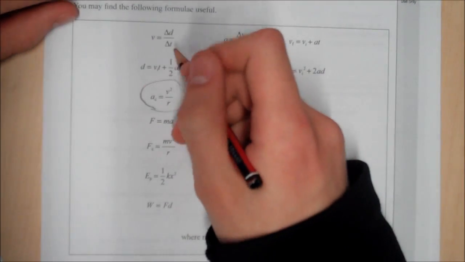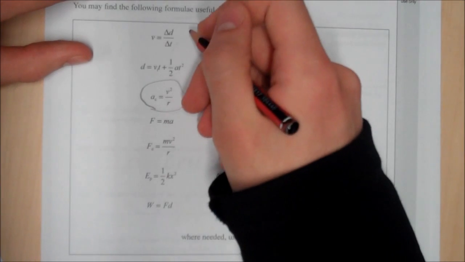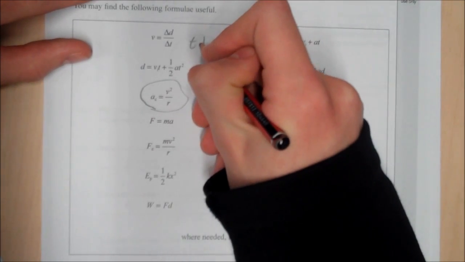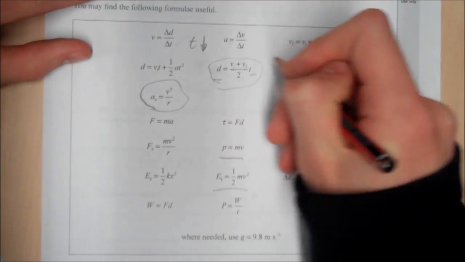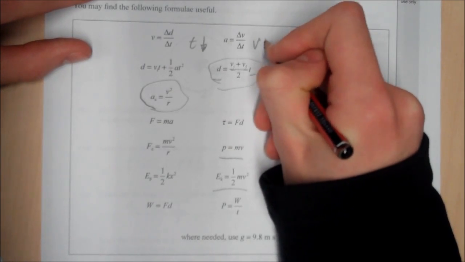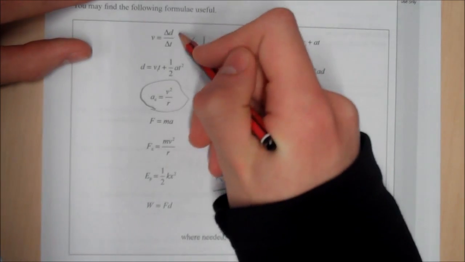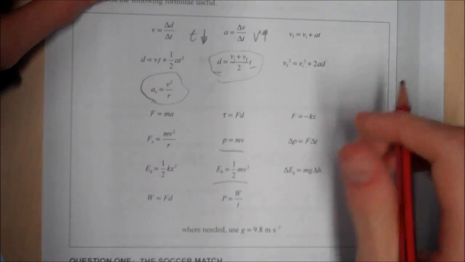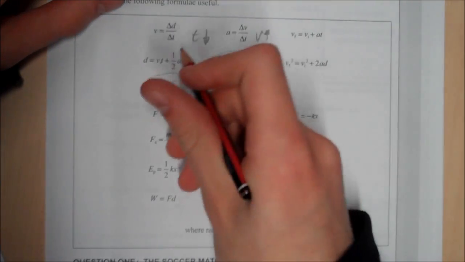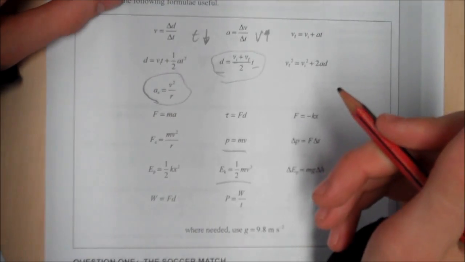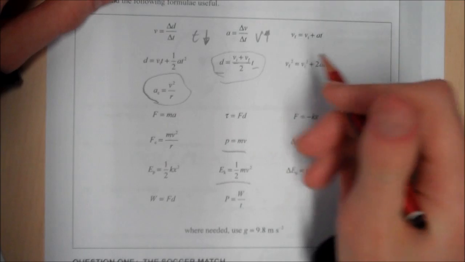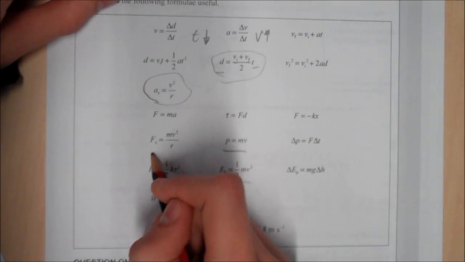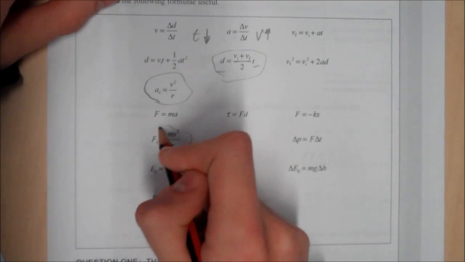So v is equal to d over t. So if t goes down, then velocity is going to go up by the same amount if distance doesn't change. So the velocity is going to double if the time period is exactly halving like it says. So if the velocity doubles, then where's this is centripetal force here, Fc.